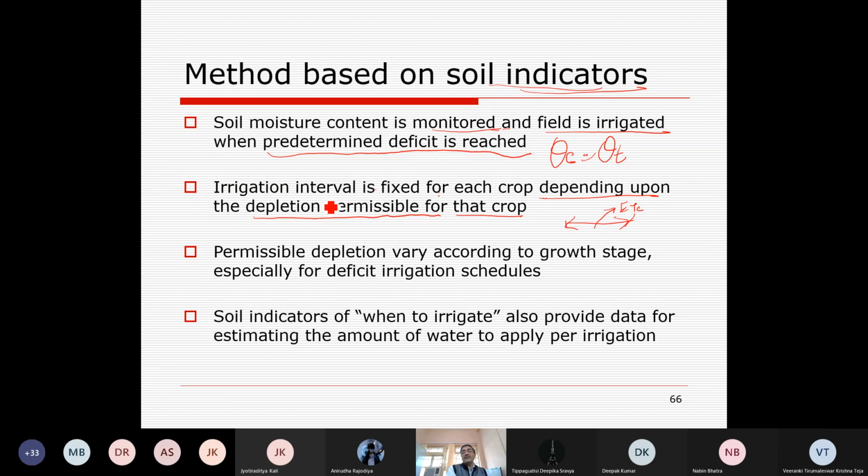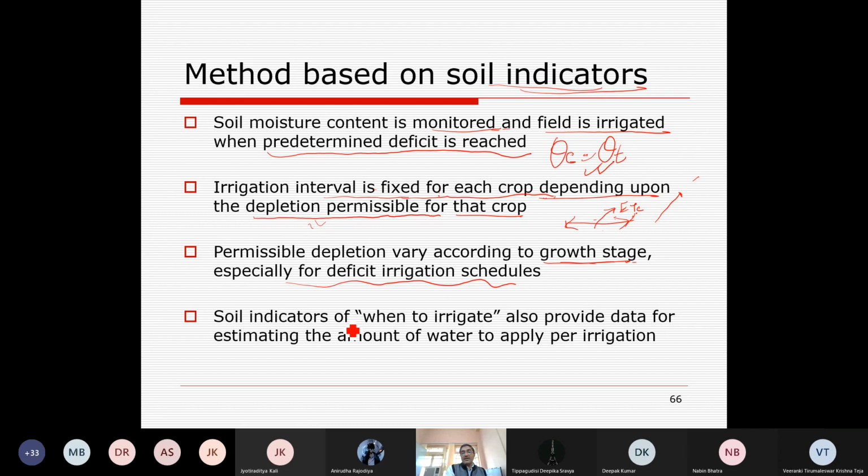However, irrigation interval is fixed for each crop depending upon the depletion that is permissible for the crop to reach this condition. Permissible depletion varies according to the growth stage. Now it is coming the same as what I am telling. Means growth stage or age of the crop, especially for deficit irrigation schedules.